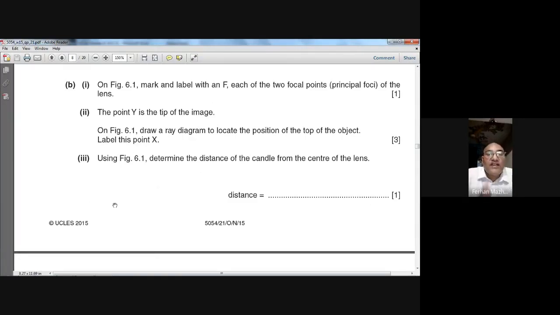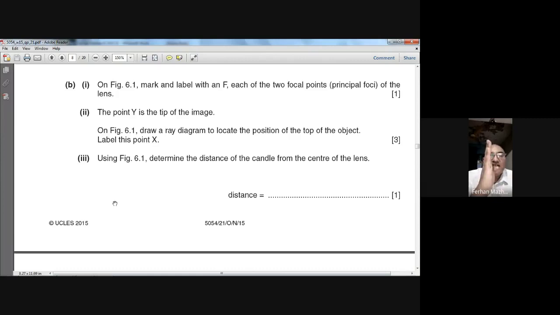Okay, so if you have the lens, the principal foci are on both sides, on this side and also on this side. He said that the focal length is 2.4 centimeter. So from the lens, use a scale, because the real diagram is made on graph paper, and five small squares represent 1 centimeter.